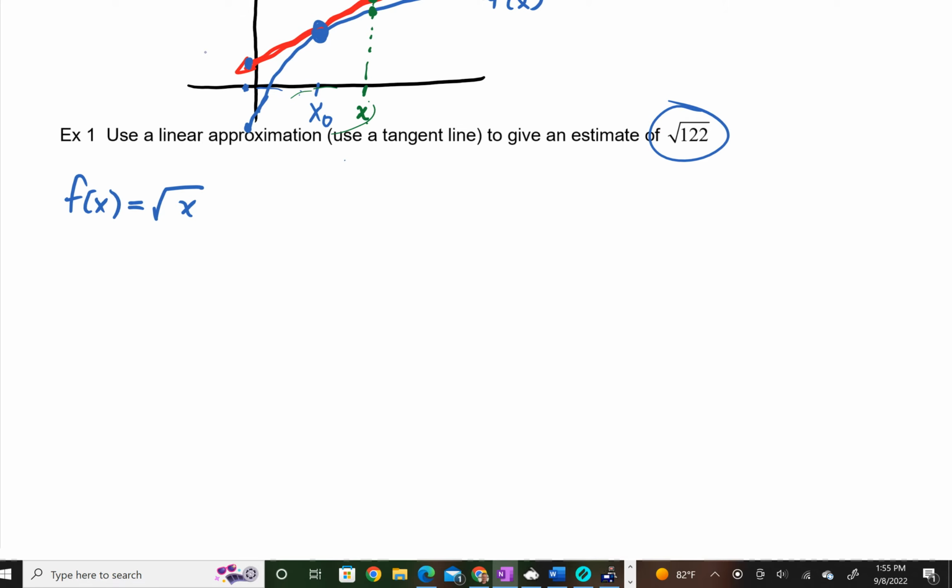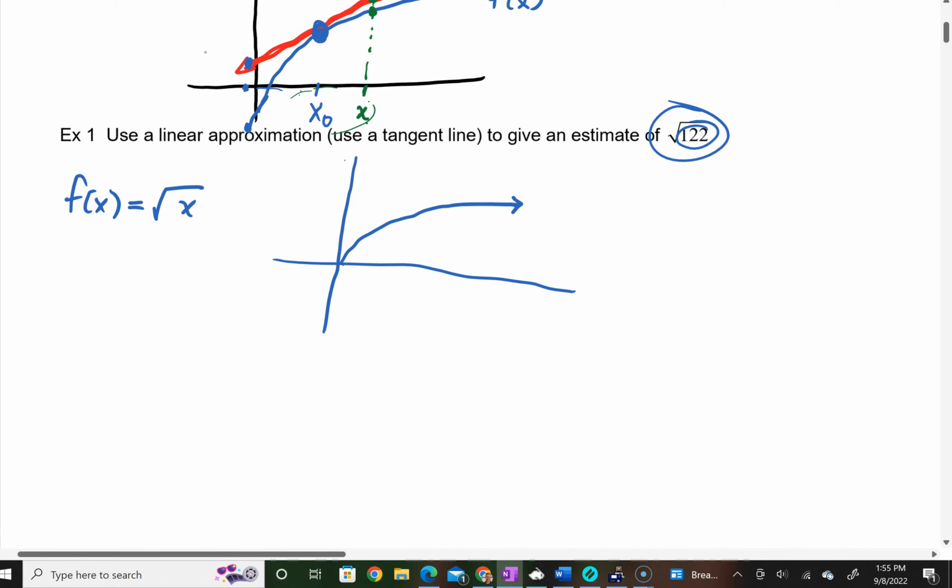Now, of course, we want to get an estimate at 122 when we plug in x equals 122. So if I may, I'm going to real quickly draw a quick sketch of f of x. F of x, of course, is a sideways parabola. It's going to look something like that. And there will be a point of tangency. There's going to be some point, you can say it's over here, for which we could use a tangent line.